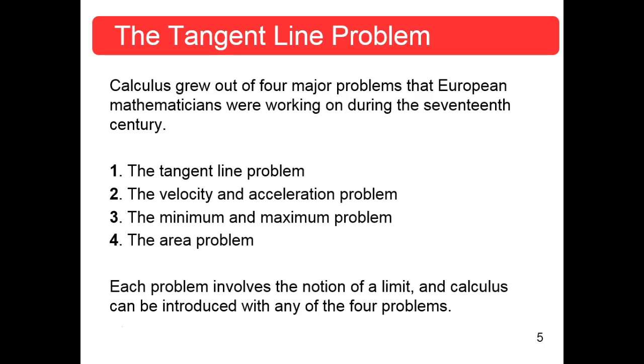Okay? The minimum and maximum problem. When do you reach the maximum or minimum of whatever your function is? That's an important thing to know, and you could approximate it, but you never knew for sure. And that also relates back to the tangent line problem.